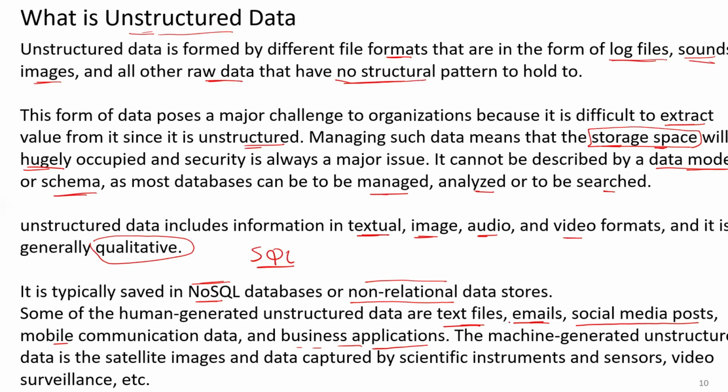The machine generated unstructured data is like satellite images, for example, or data captured by scientific instruments or sensors. IoT devices are very common in the market nowadays. These are also generating meaningful data which has to be analyzed, and decisions have to be made around them, or video surveillance, etc. So these are some of the examples of unstructured data.